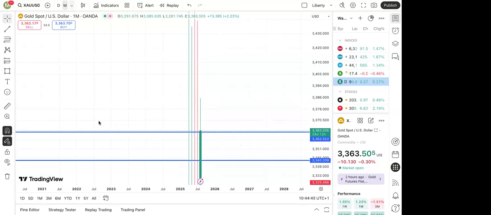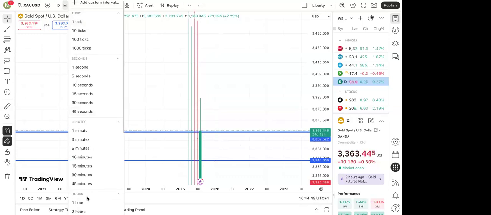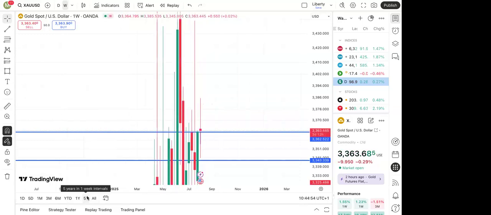Then we go to the week. On the week, we can see some elements of being bearish. And that is not surprising because of the week we saw on the month.